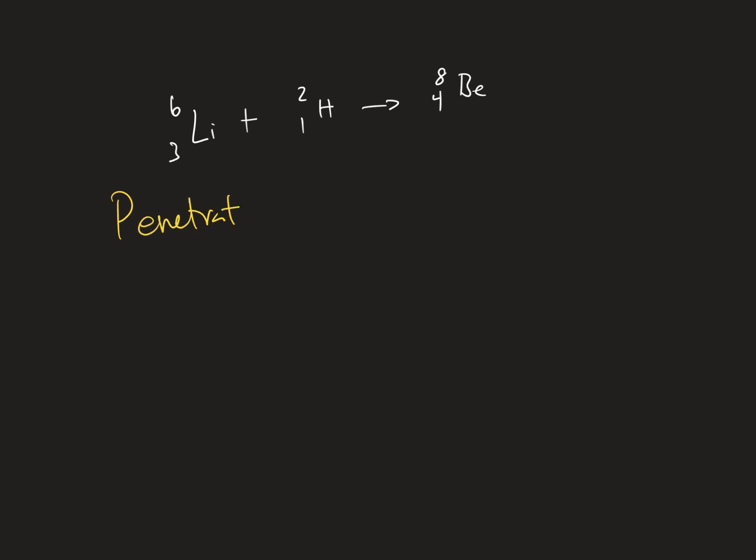What does it mean to penetrate? To go through something, right? So which one do you think has more penetrating power? Alpha, beta, or gamma? Gamma, because it's smaller. Yeah, it's tiny. In size, relative size, it's basically nothing, right? It goes through a lot of things.